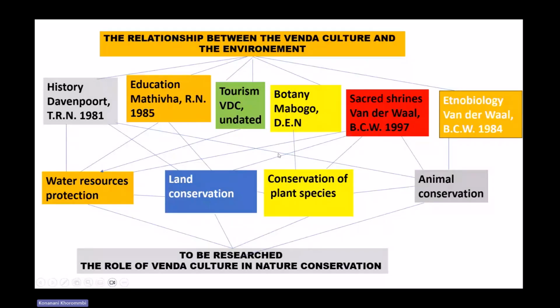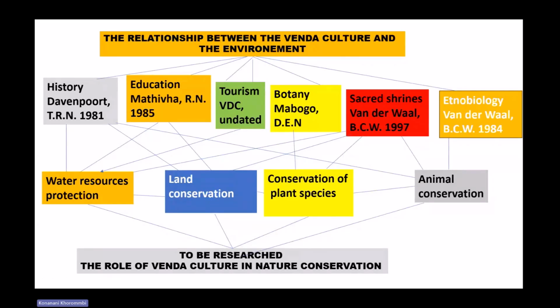Now, do you see what this mind map is? Then I distilled all the topics that were written about by all those authors into 4 boxes. These boxes that I was talking to you about constitute the biophysical part of the environment. Land and water are the physical.